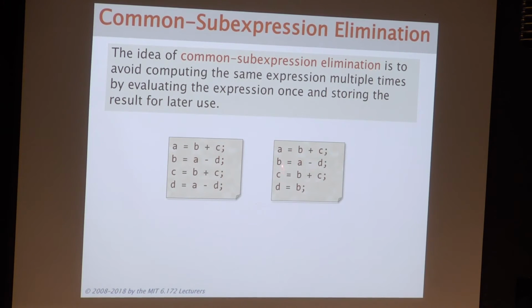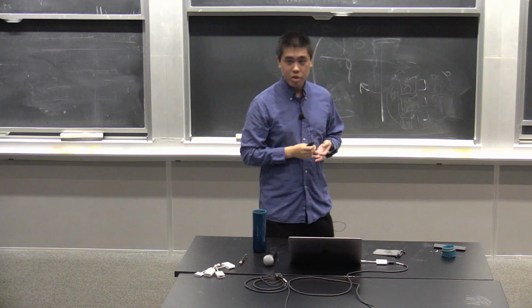So here, we still evaluate the first line for A minus D. But now, in the second time we need A minus D, we just set the value to B. So now D is equal to B instead of A minus D. So in this example, the first and the third line, the right-hand side of those lines actually look the same. They're both B plus C. Does anyone see why you can't do Common-Subexpression Elimination here?